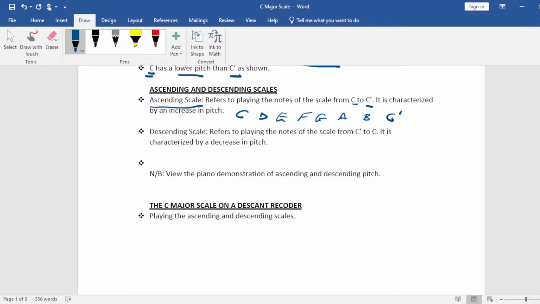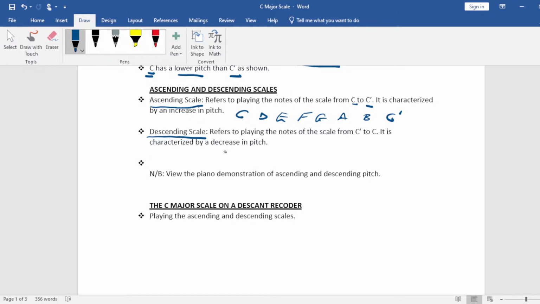Next, we look at the descending scale. We refer to it as a descending scale if the notes are played in the reverse order compared to the ascending scale.